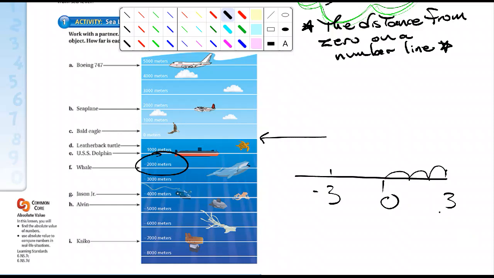How far is this from 0? 3. Good. That's all I'm looking for. Now, if I was to ask you, how far is -3 from 0? 1, 2, what? 3. Do you understand now? Yeah. It's just how far it is from 0.